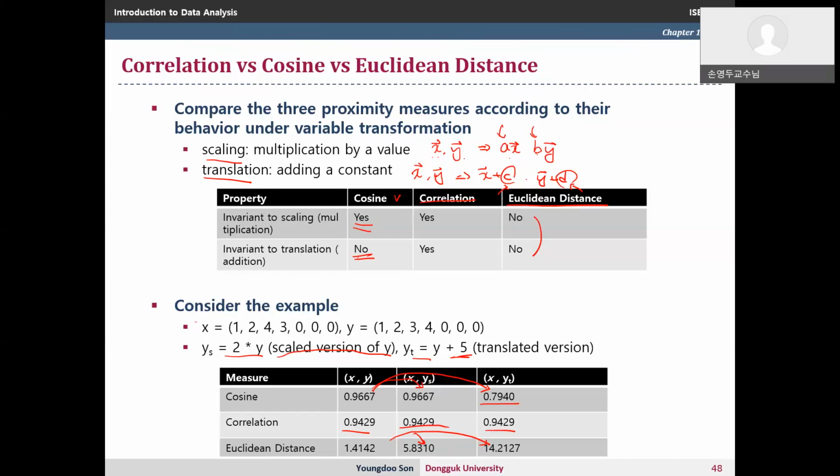So the second table on this page is an example of these properties. We can easily see that the correlation is not changed for either scaling or translation. However, cosine similarity has a different value when we translate the data points to another point. And the Euclidean distance shows different values in both the scaling and translation cases.